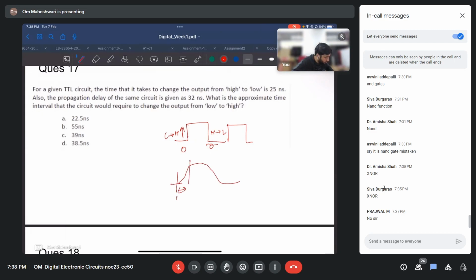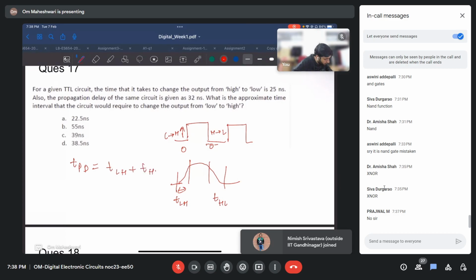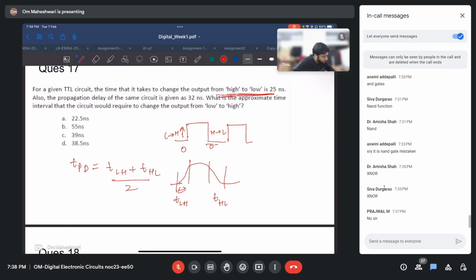So this is T low to high, and this is T high to low. The total propagation delay, TPD, is the average of these two: (TLH plus THL) by 2. We are given that the high to low time is 25 nanoseconds and the propagation delay is 32.